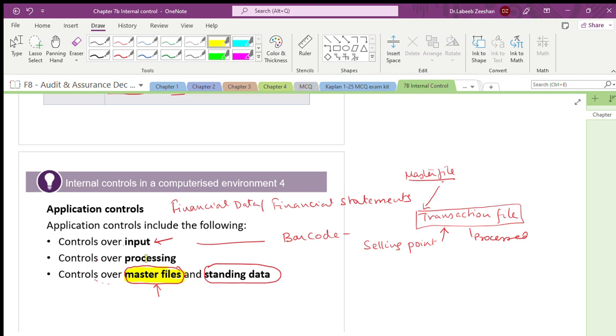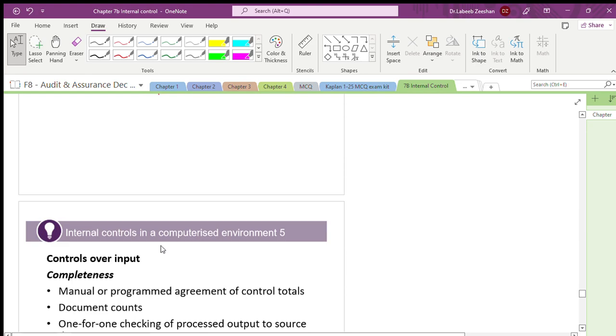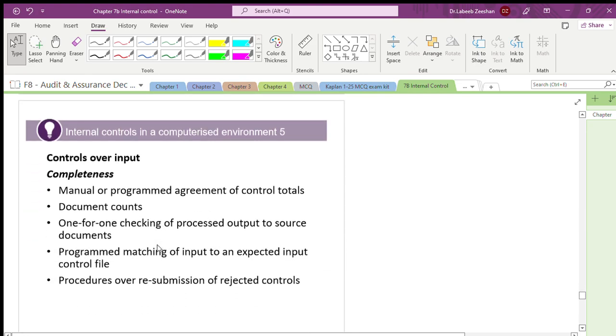Repeatedly. We are not talking about input or processing, but basically master files. Keep it in mind. These are all inputs.